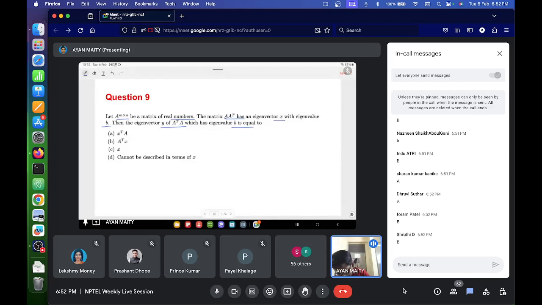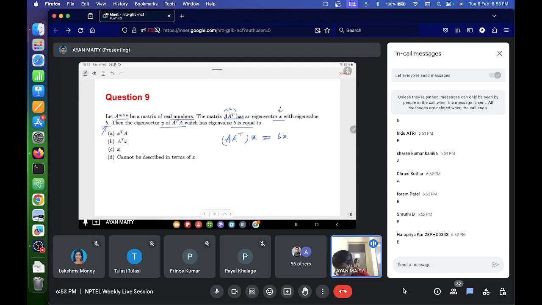To solve this problem, we have to first write the eigenvalue formula. What is given is that for the matrix A transpose, X is the eigenvector and B is the eigenvalue. So we can write A transpose X equals B into X. This is from the formula for eigenvectors and eigenvalues.